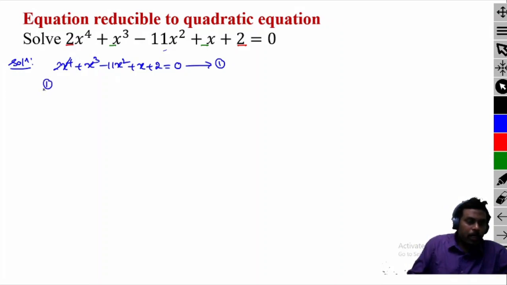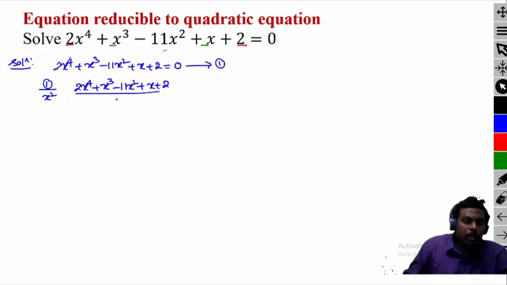Now I'll divide it with x square. So what do I get? 2 into x to the power 4 plus x cube minus 11x square plus x plus 2, divided by x square is equal to 0. Then this implies what?